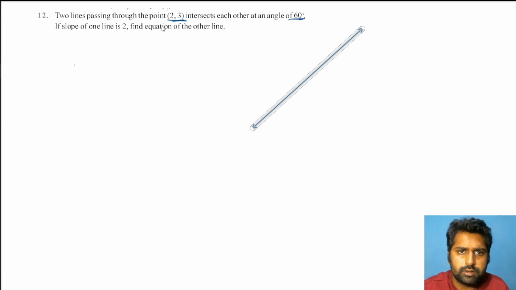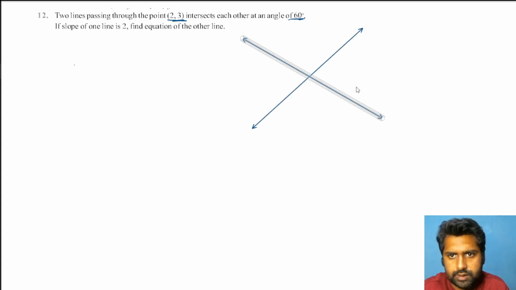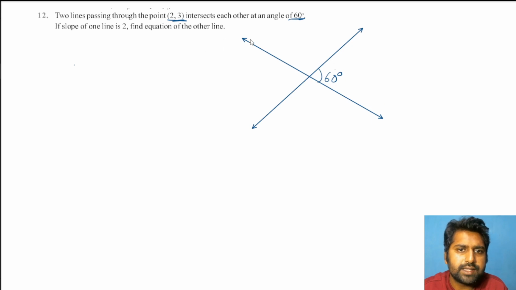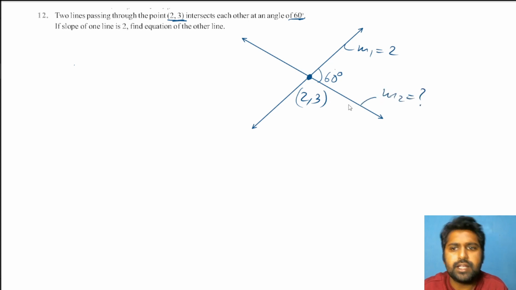One line, another line, they intersect at 60 degree. Both the lines are passing through 2 comma 3. That means this point is 2 comma 3. He's saying if the slope of one line, m1, is equal to 2, m2 we don't know. Find the equation of the other line.